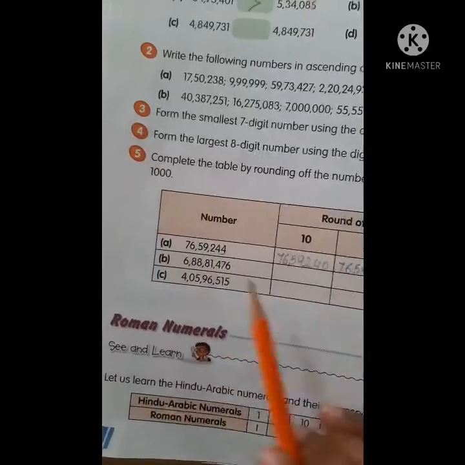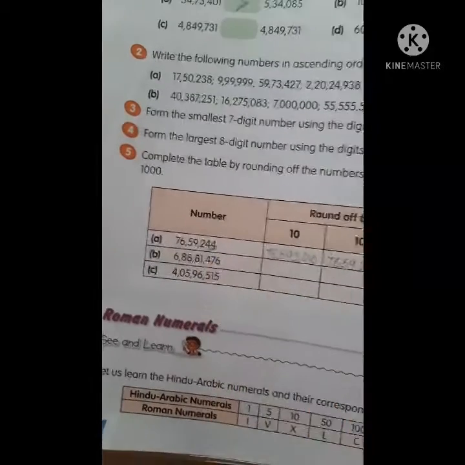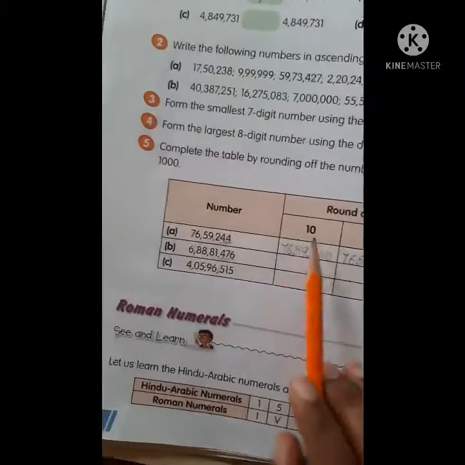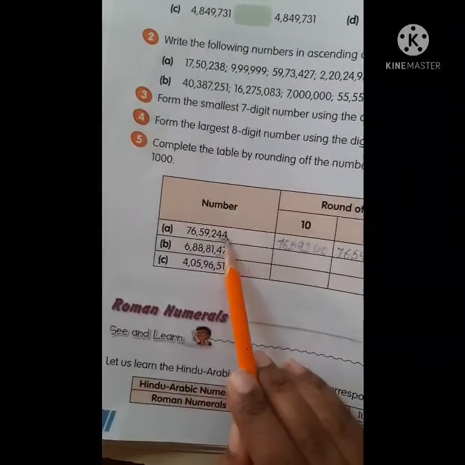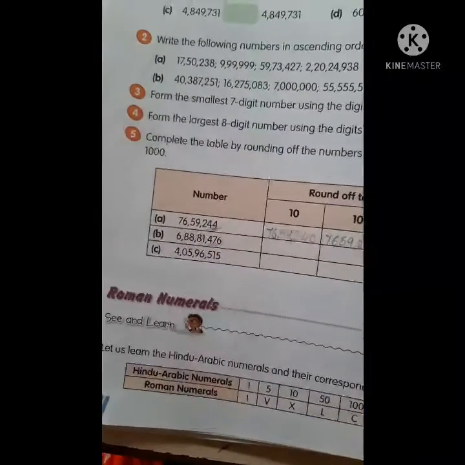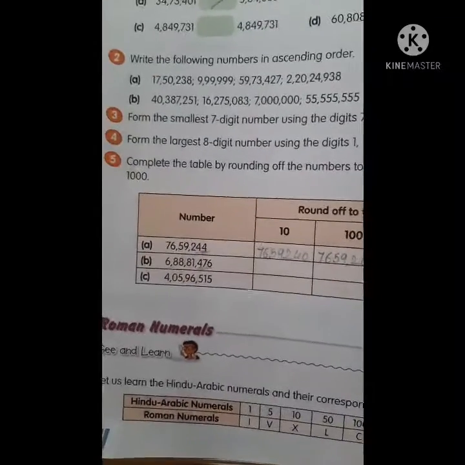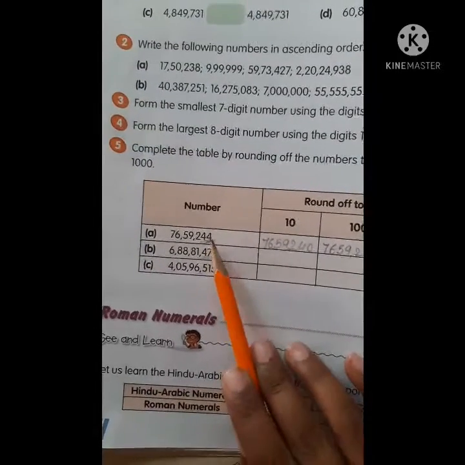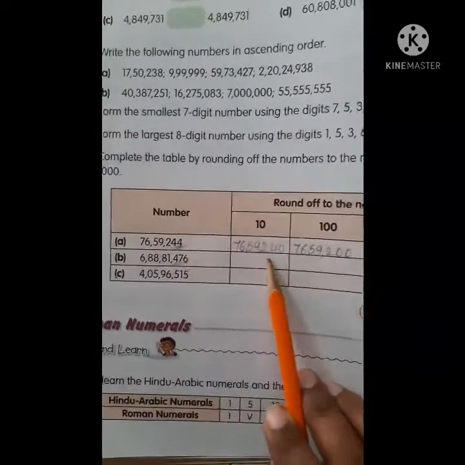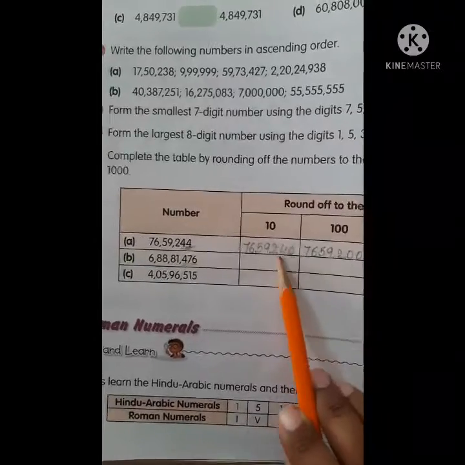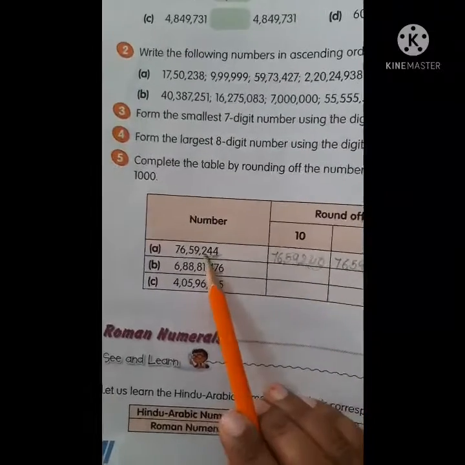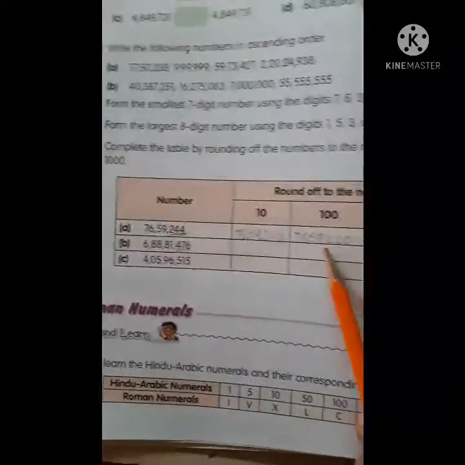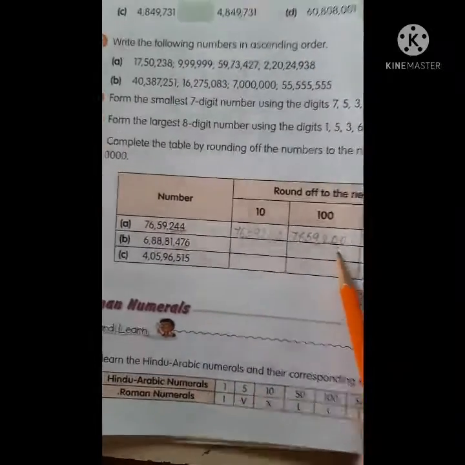For hundreds, the last 2 digits, and for thousands, the last 3 digits. For tens, we look at the last digit; if it is less than 5, then we will write 40. Now the last 2 digits, 44, it is less than 50, so again it will be 200. So here we have written 200.